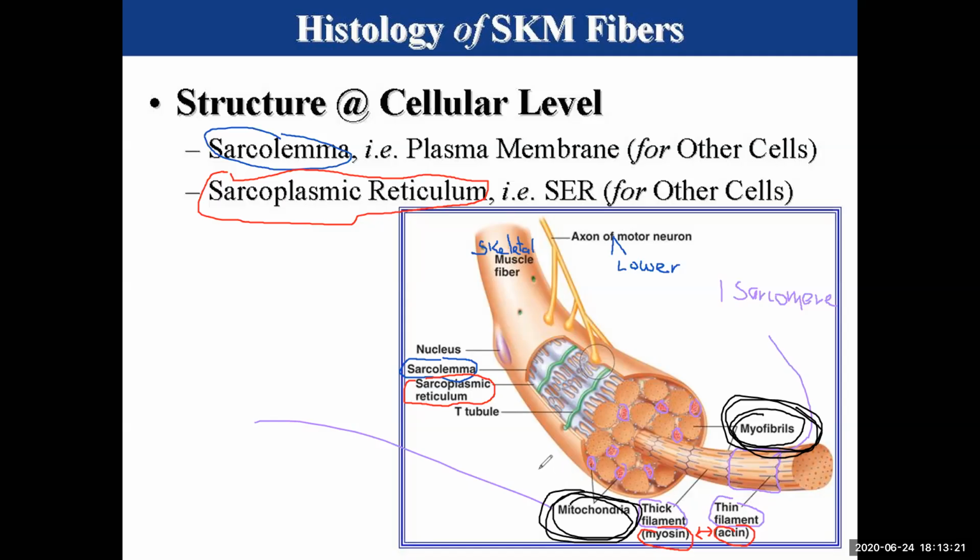And the third component is the nucleus. Each skeletal muscle fiber contains more than one nucleus. So the skeletal muscle fiber here, they are known as multinucleated, and this is from anatomy.